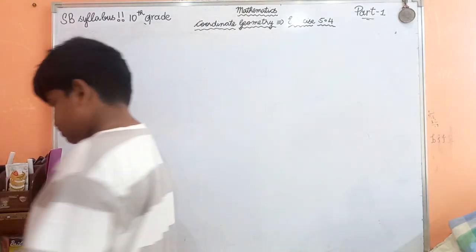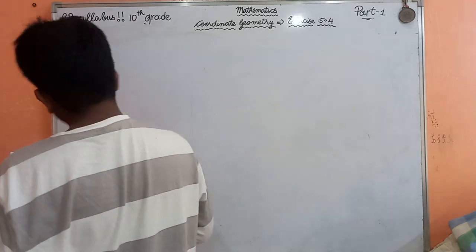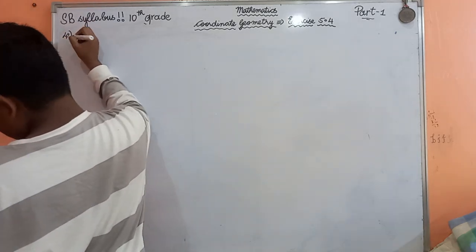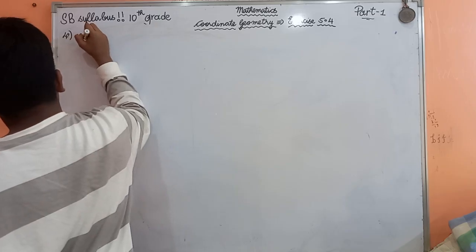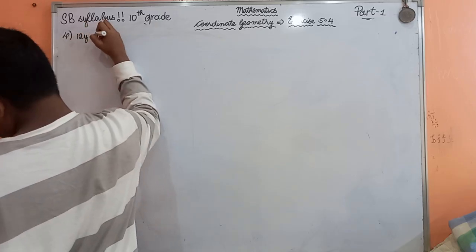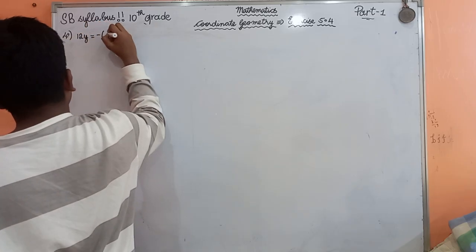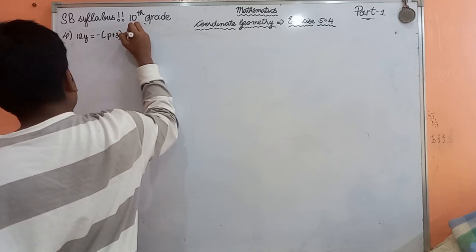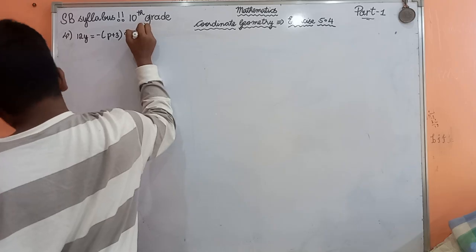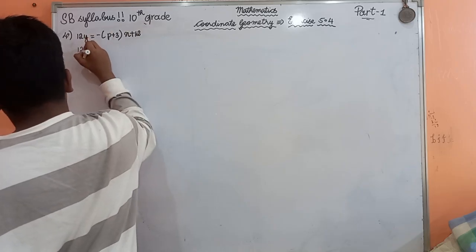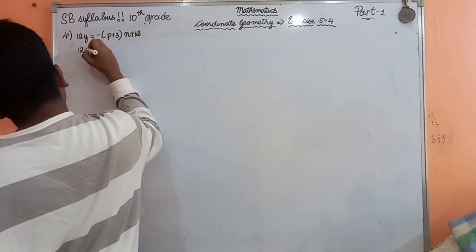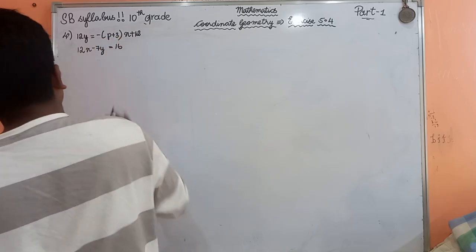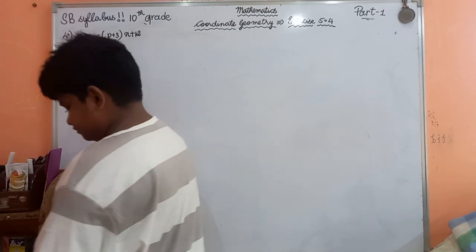So let's take the important key steps. The key equations are 12y = -(p + 3)x + 12, whereas the other equation is 12x - 7y = 16.